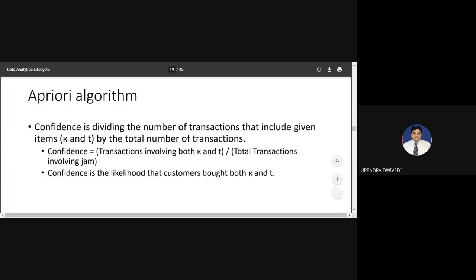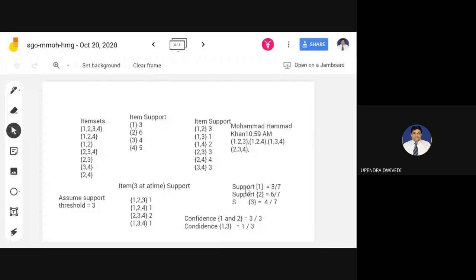So how can we calculate the confidence? Suppose we are calculating the confidence of 1 comma 2. It will be the transactions involving 1 and 2. There are 3 transactions involving 1 and 2, so we take 3, and the transactions involving 2.